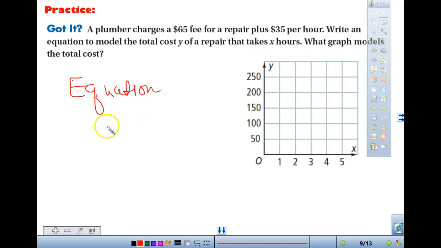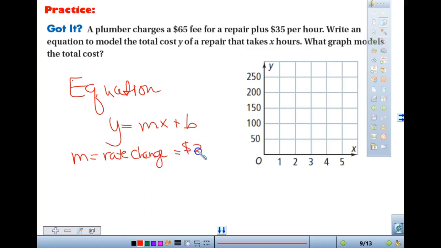This equation is easiest to write in y equals mx plus b form. They are telling us the m, or our rate of change. How much is the person charging per hour? That is my m, and the key word is per. That's letting you know it is a slope.